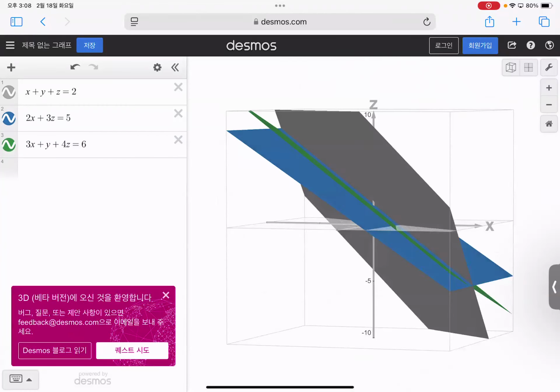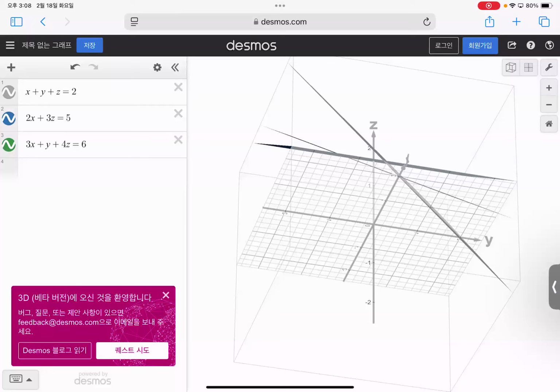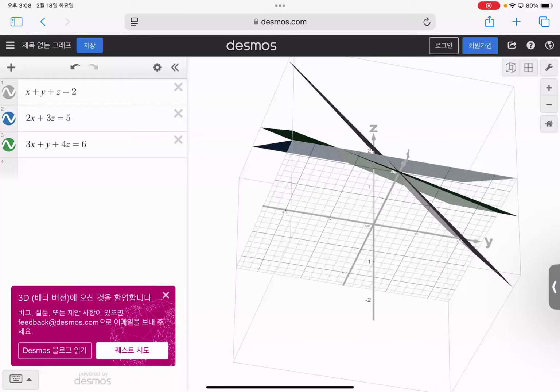Can you see the picture? Can you see what is happening over there? Every pair of planes has an intersection line, but there is no point that is contained in all these planes at the same time. So this is my row picture explanation of why this system of equations doesn't have any solution at all.